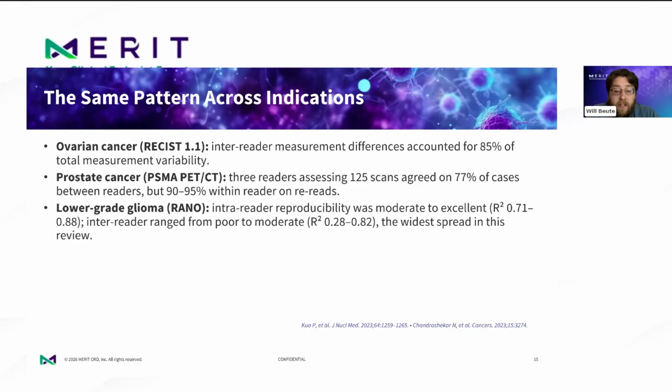In prostate cancer, using PSMA PET-CT, three readers assessing 125 scans were found to agree on 77% of cases between readers, but agreement rose to 90 to 95% within a reader on rereads. So the same images, but much higher agreement when it's the same person reading twice. And then in lower grade glioma under RANO response criteria, intra-reader reproducibility was moderate to excellent, while inter-reader reproducibility ranged from poor to moderate.